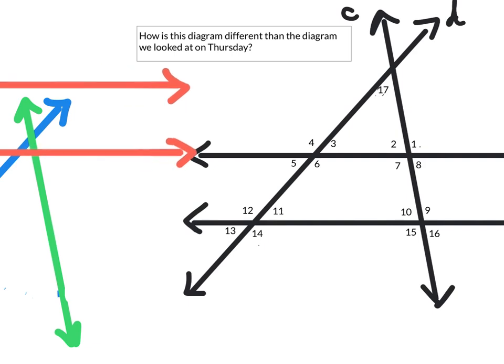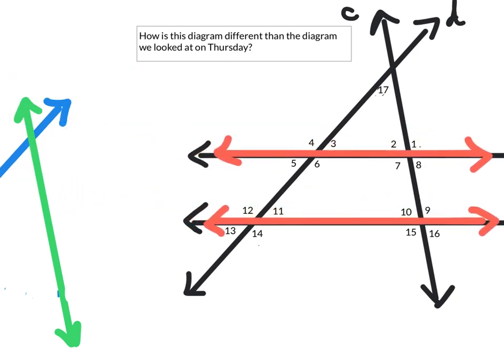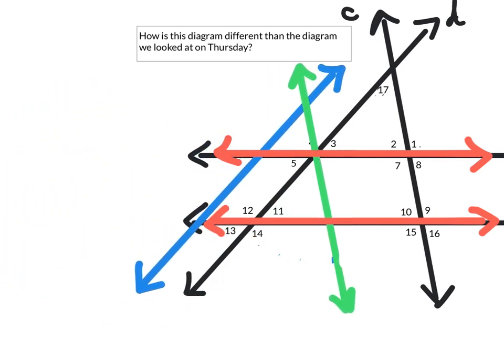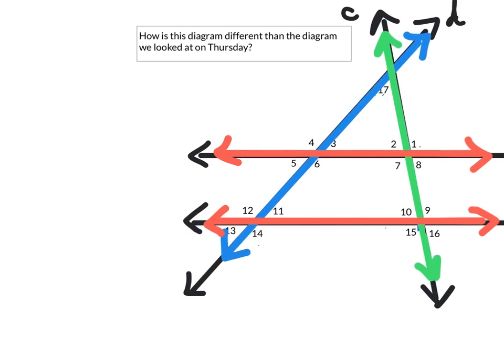I know that we have parallel lines, so that's the thing that's the same. But this diagram is a little bit different. How is it different? Well, hopefully you said that it is different because instead of one transversal, there are 2 different transversals. C is a transversal and D is a transversal.